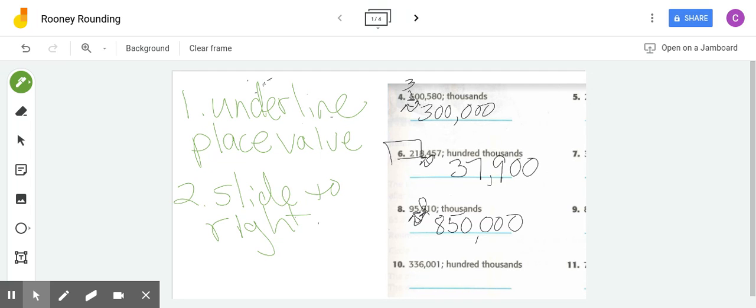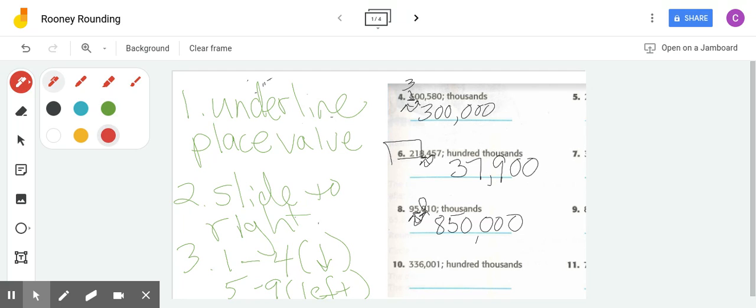Okay, if it's a 5, a 6, a 7, 8, 9, I'm moving back to the left. It's rounding time. So if it's a 1 through 4 or a 0, you're rounding it down. If it's a 5 through 9, you're going back to the left. And you're going to go ahead and round.